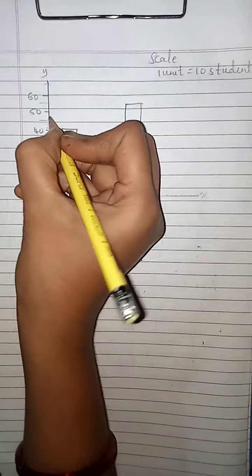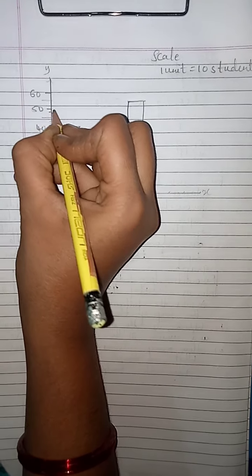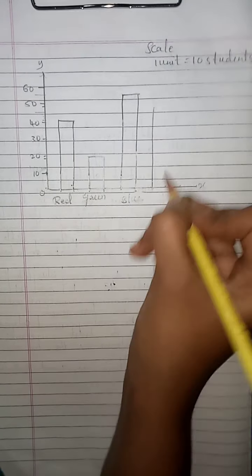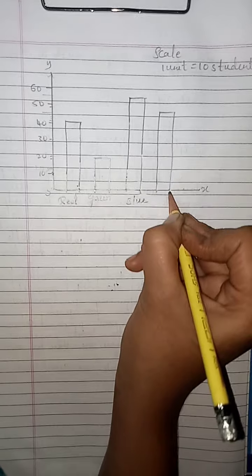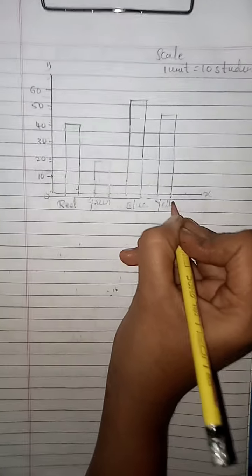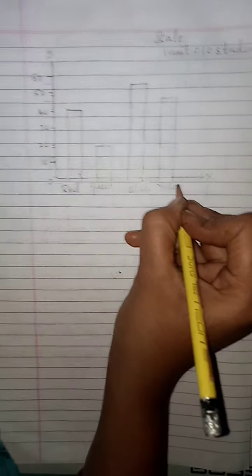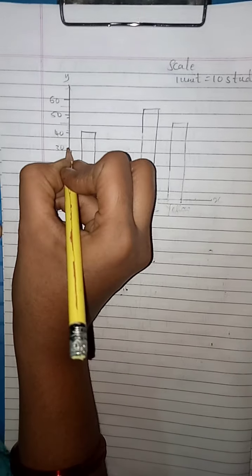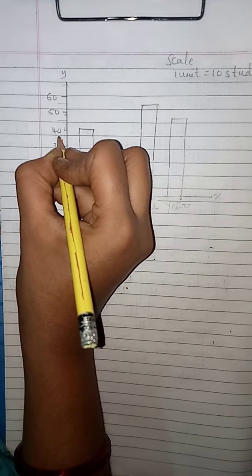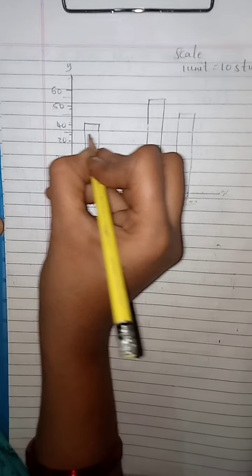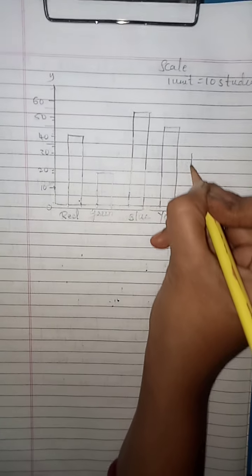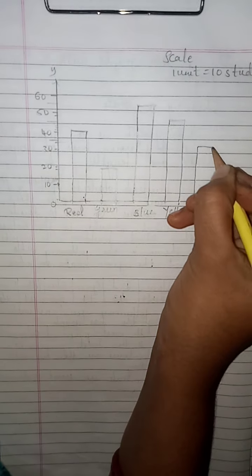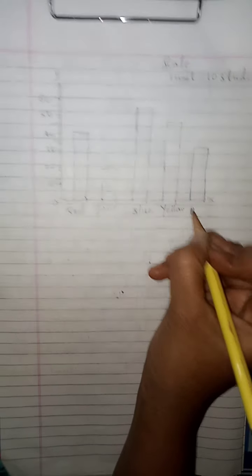Next, 49 students like the yellow color. 49 will be here, children. 49 like the yellow color. Last, children, 34 students like the orange color. Here 30, children, between 30 and 40, 34 will be here. 34 students like the orange color.